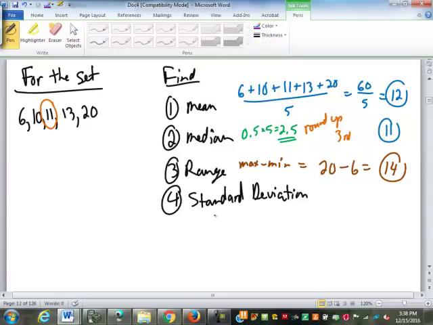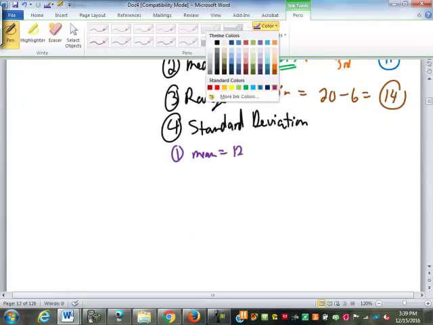Finally, standard deviation. What's the first step in the standard deviation? Find the mean. We got the mean is 12 already, so we got the mean. What's your second step?